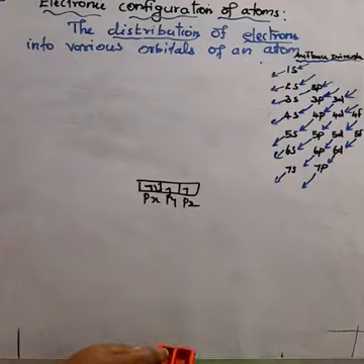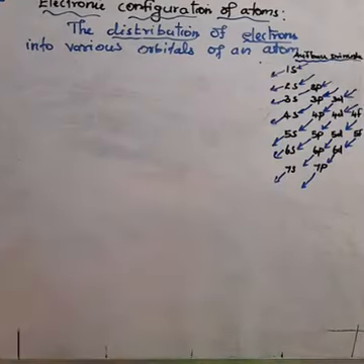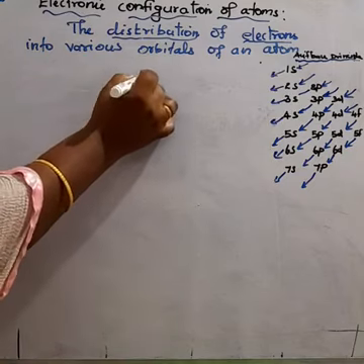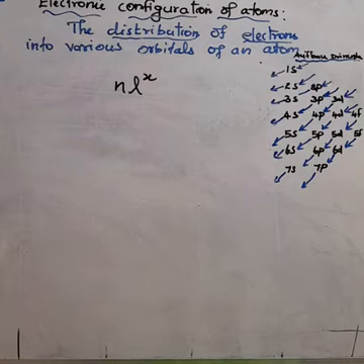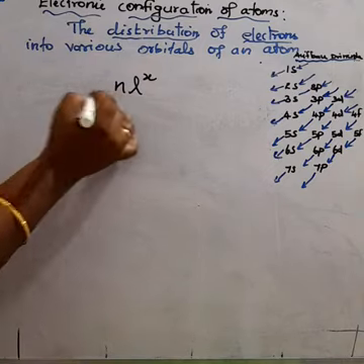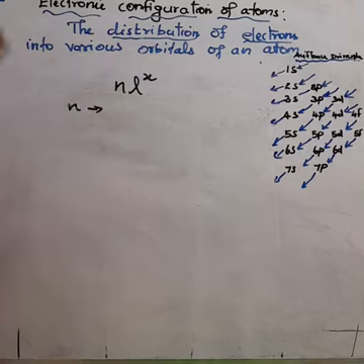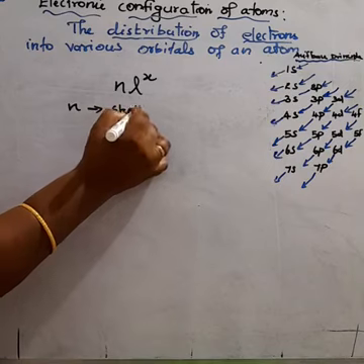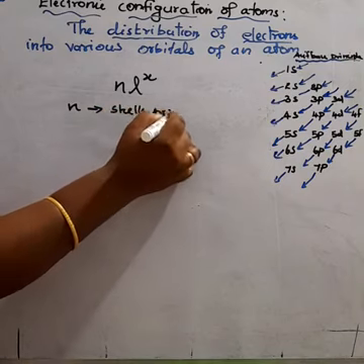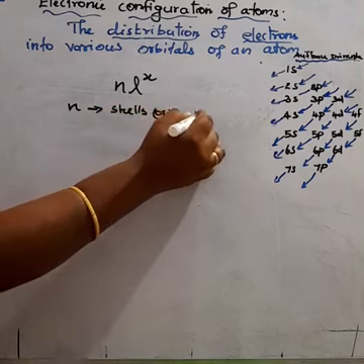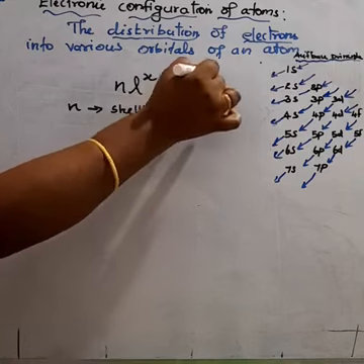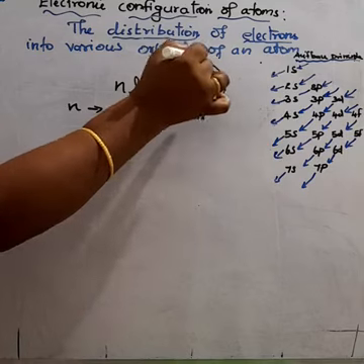The electronic configuration is written as n l power x. Here, n represents the shells or orbits, which tells us about the energy levels of an atom.